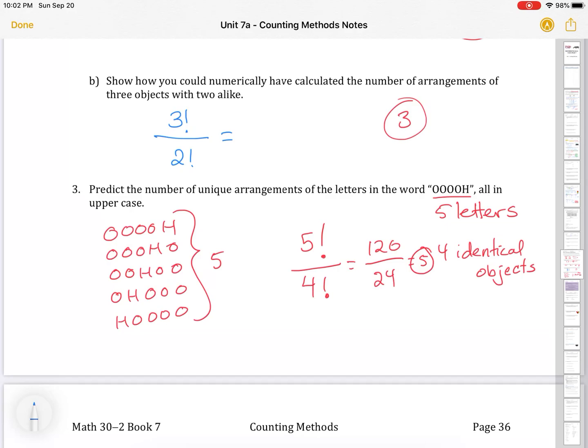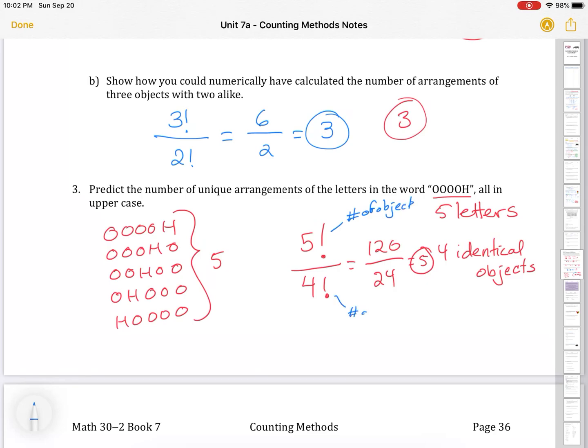Now, if we go up to the previous question, we had 3 objects with 2 identical. 3 factorial is 6, and 2 factorial is 2, which gives us the answer 3.